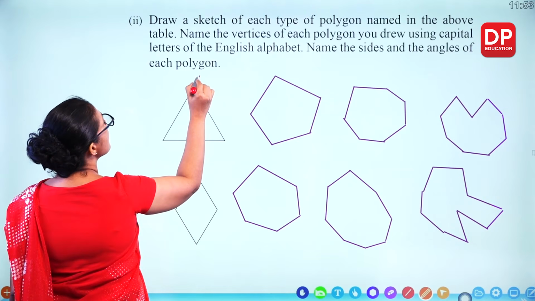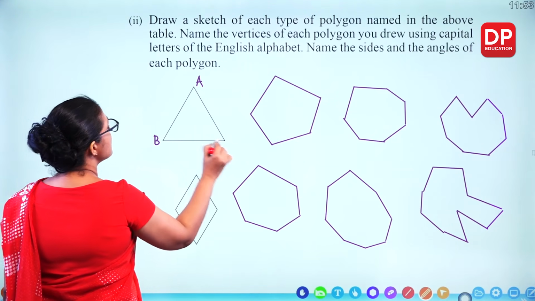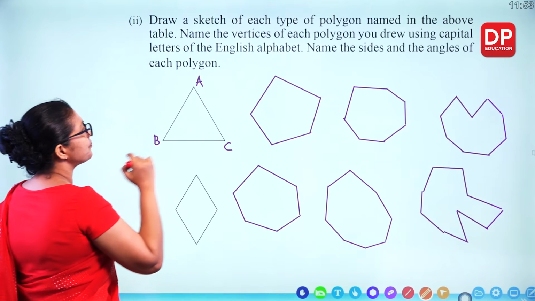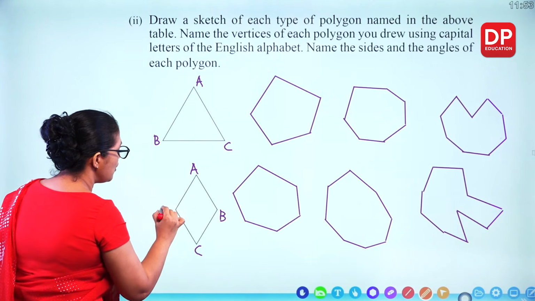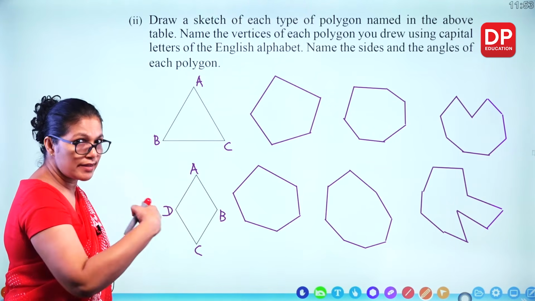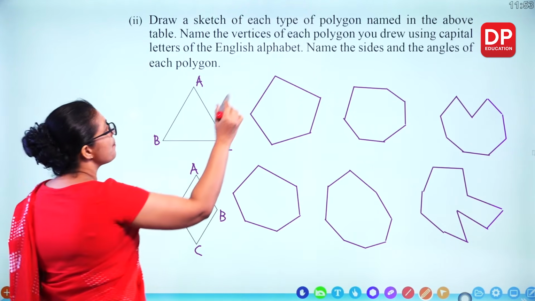So this is A, B, C, triangle. A, B, C, D. When you are labeling, always go either clockwise or anti-clockwise.